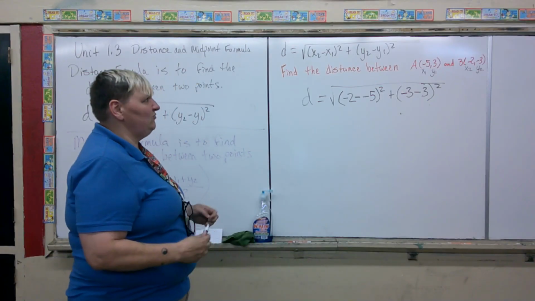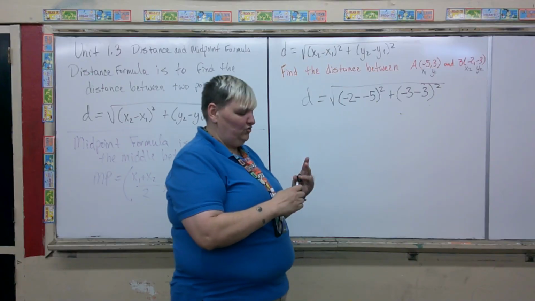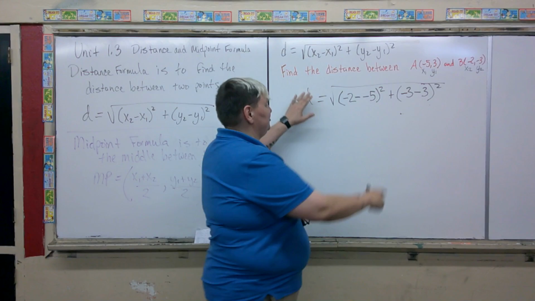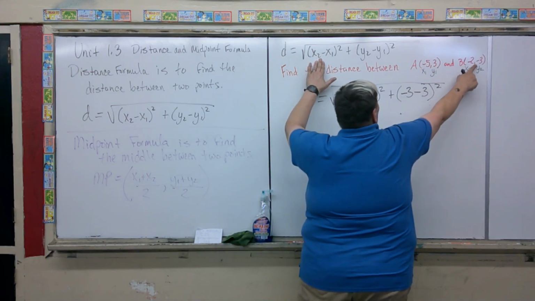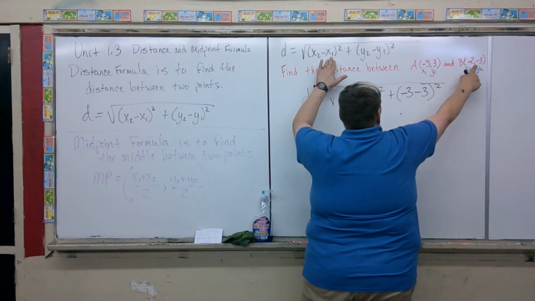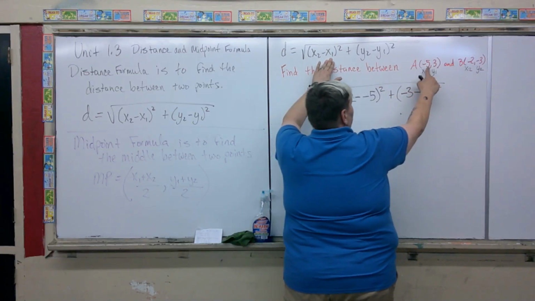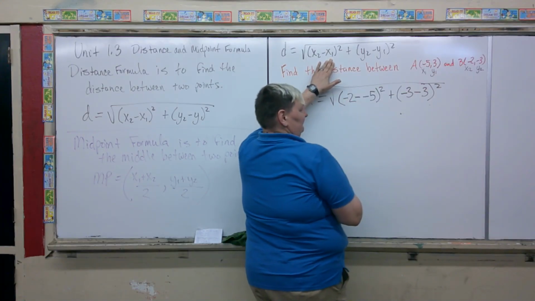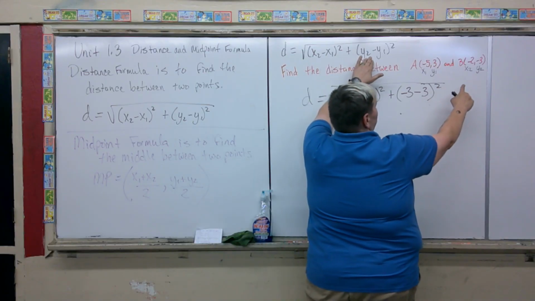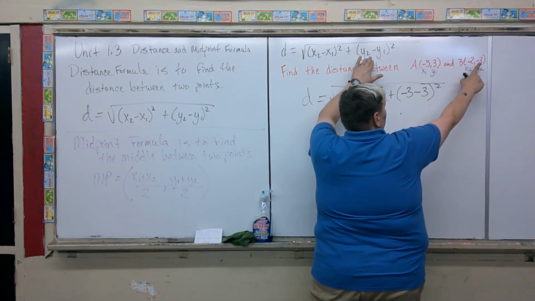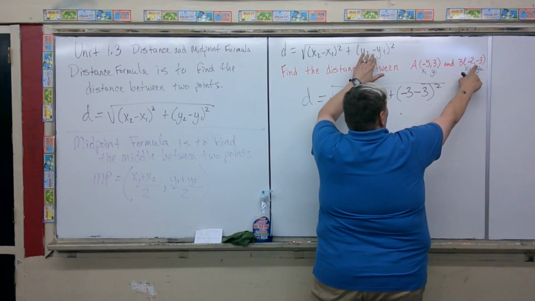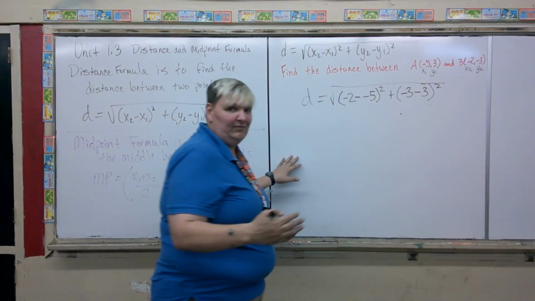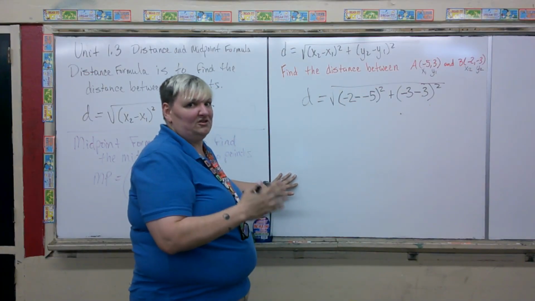Alright, the first thing you want to do is double check and make sure you substituted your values correctly. Double check. x2 minus x1 should be -3 minus -5. -2 minus a -5. y2 minus y1 should be -3 minus 3. Double check and make sure you put your numbers and your values in the correct place.